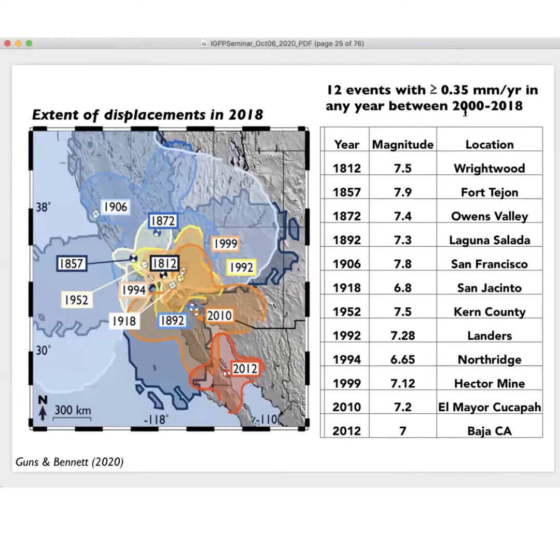And we define measurable as having greater than or equal to 0.35 millimeters per year of motion in any year of that time series. So this left-hand map plot is plotting, for the year 2018, the extent of measurable viscoelastic post-seismic displacement due to just that earthquake.